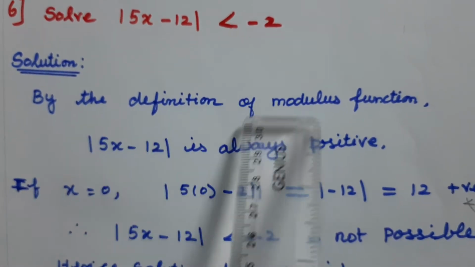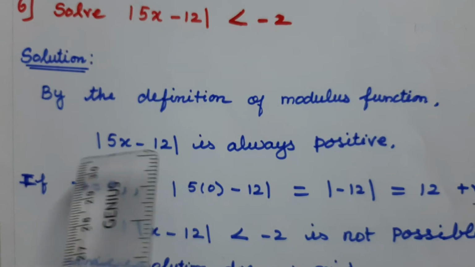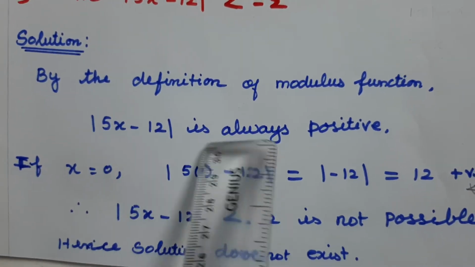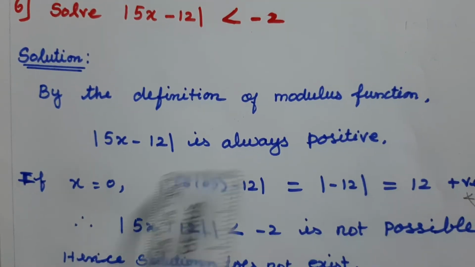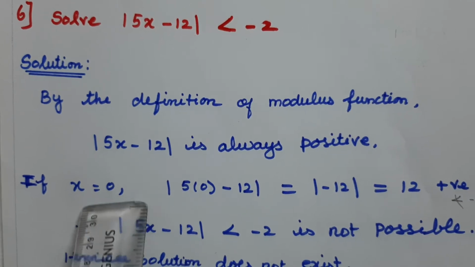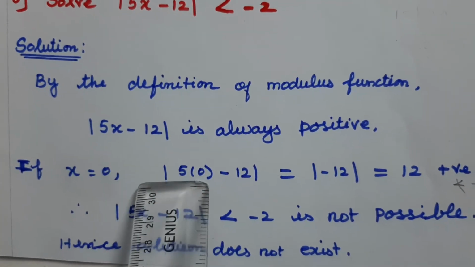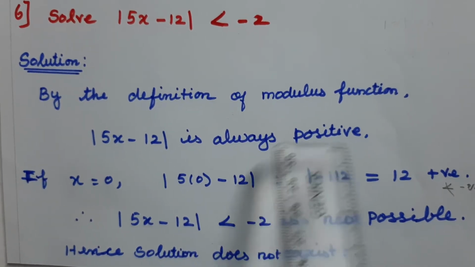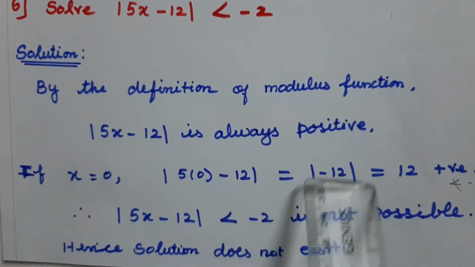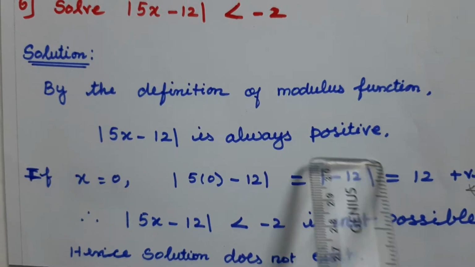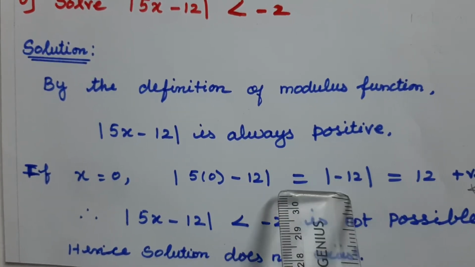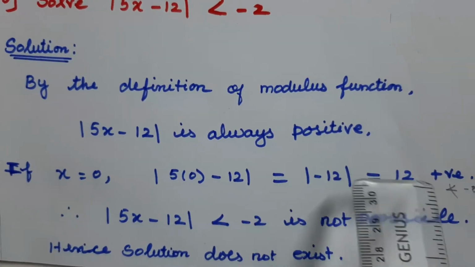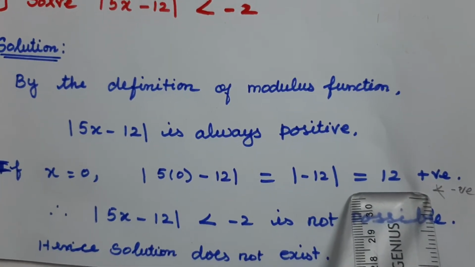By the definition of modulus function, modulus of 5x minus 12 is always positive. Suppose if you substitute x is equal to 0, 5 into 0 minus 12, you will have modulus of minus 12. You have studied in the lower classes, whenever you have any negative value within the modulus, that can be given as a plus value.